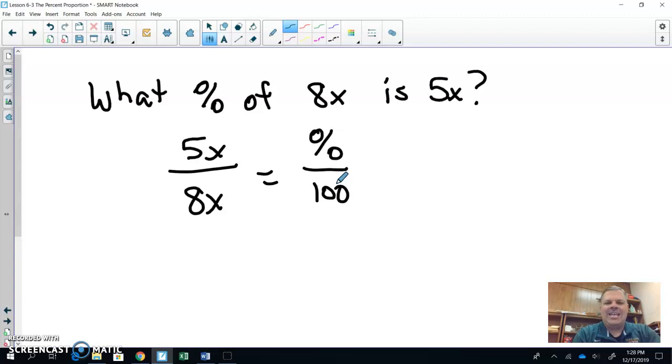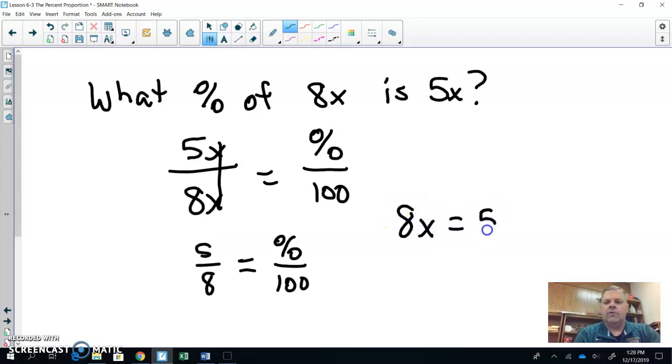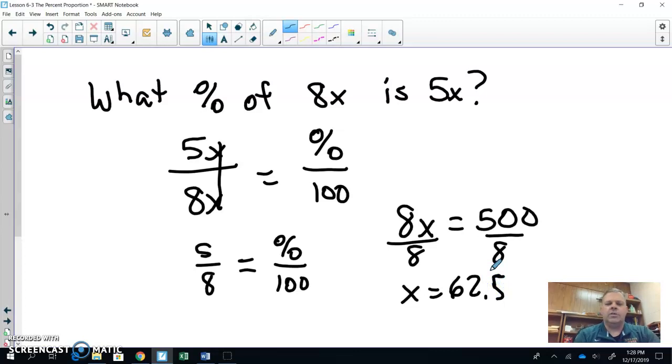If I take any number for x, I could simplify this right now, and I would simplify that to 5 over 8 because x divided by x is 1, or they cancel out. So 5 over 8 equals the percent over 100, and then I can end up solving that. And I will get 8x, or 8%, equals 500. When I divide by 8, I get x equals 62.5. So you can see in this answer, it doesn't matter that the x's are there. We can just simplify those as well.